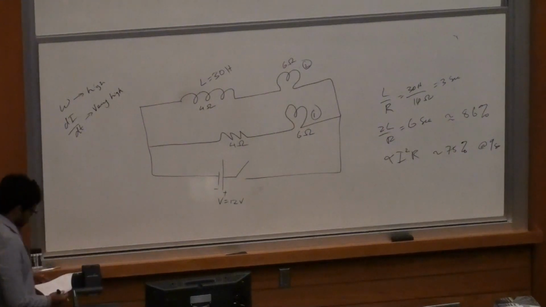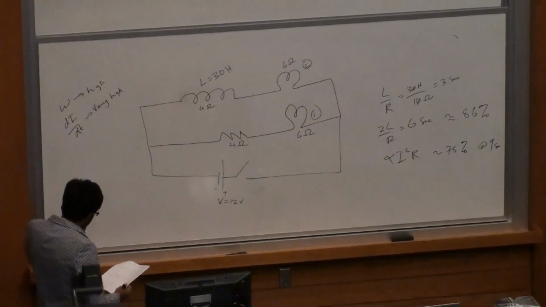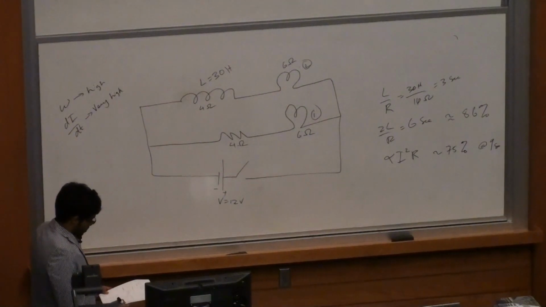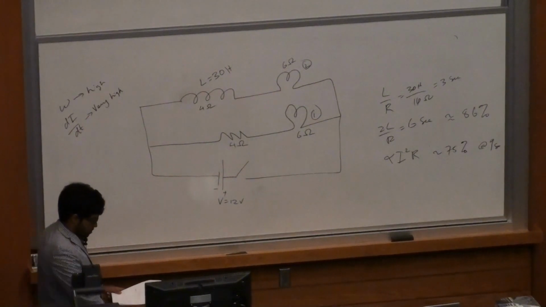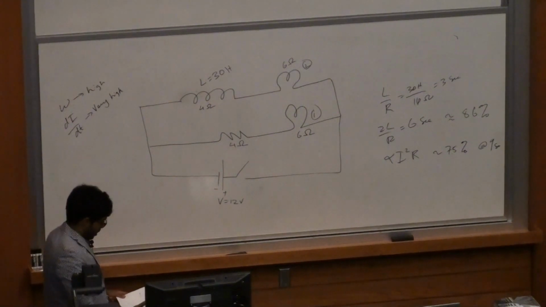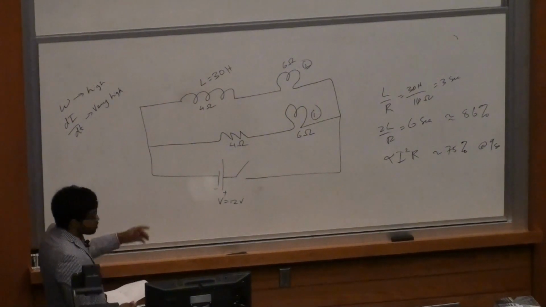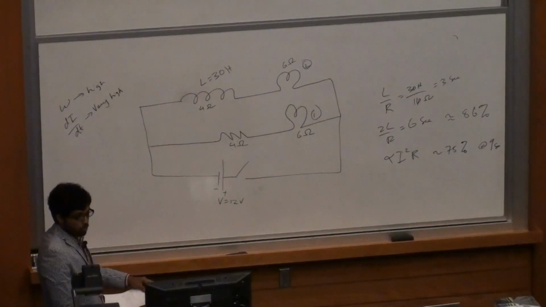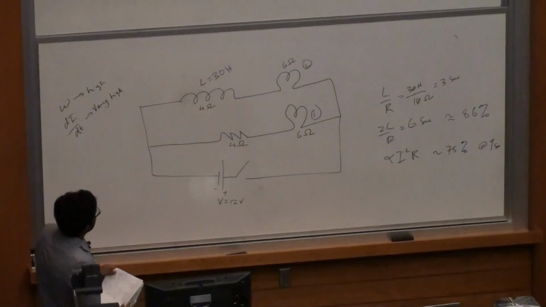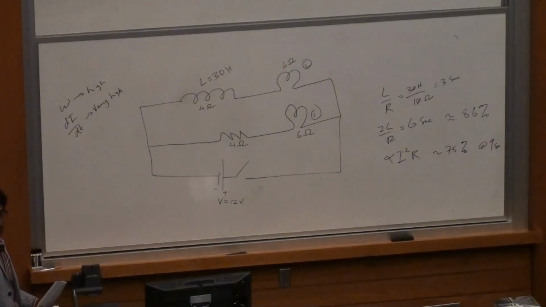So basically, if it changes very fast, then that induces an EMF, right? That induced EMF is also going to be really high, and the current in turn that you get will be lower. And now if omega there is 0, what happens?